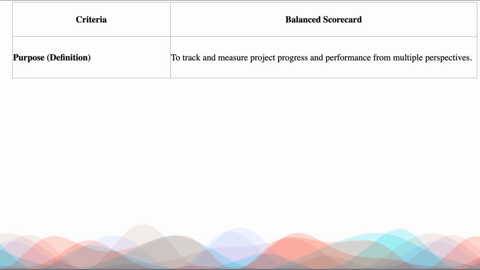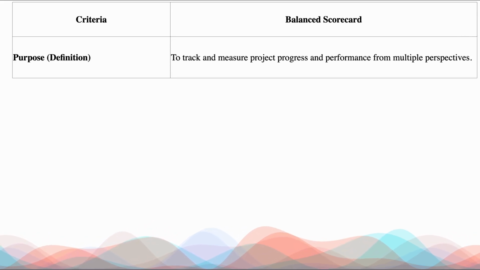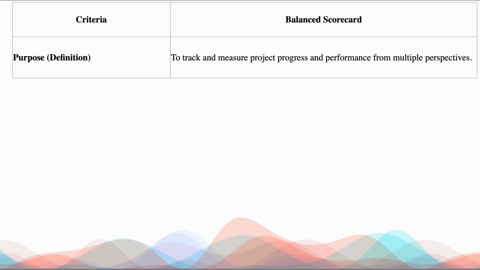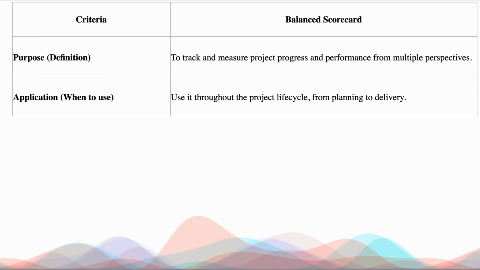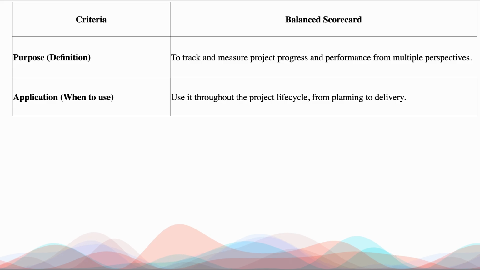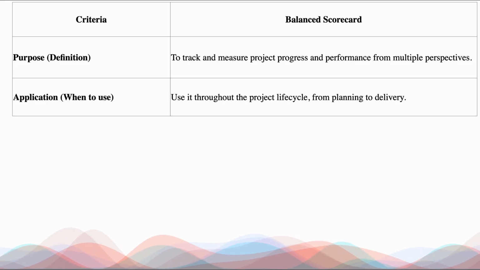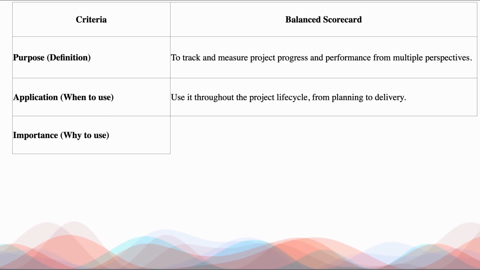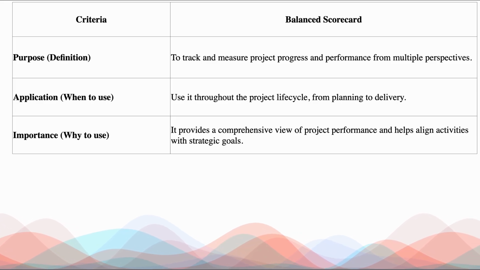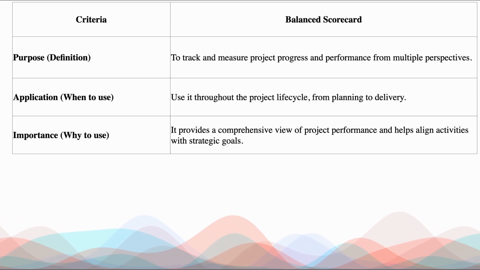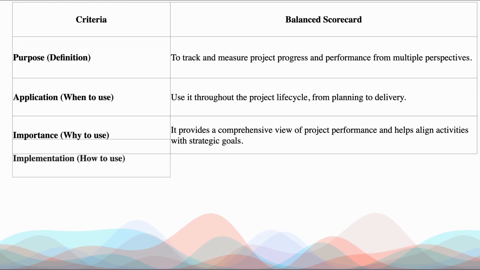The definition here is to track and measure the project progress and performance from multiple perspectives, right? When to use the balance scorecard? We use throughout the project lifecycle from planning to delivery. Why do we use? To give a comprehensive view of project performance and align activities with strategic goals.